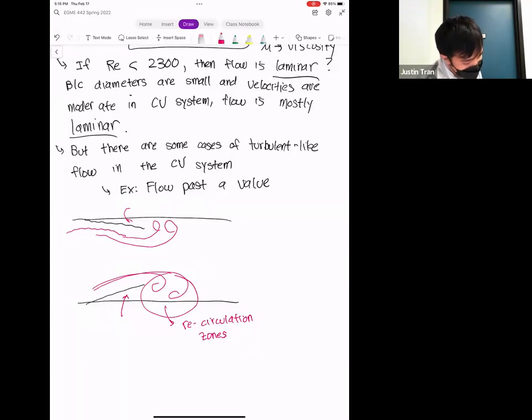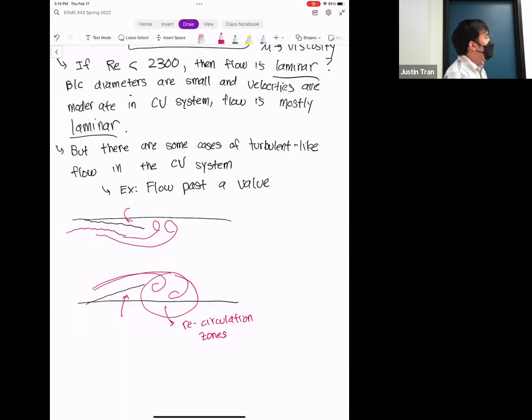And so the upshot is that most of the time blood flow is laminar, but we can have some cases where it looks turbulent, even though it's not actually turbulent. And actually, flow in an aneurysm exhibits a lot of these properties too. Even though it's technically laminar, because of the unique geometry of an aneurysm, you get some turbulent-like flow that looks similar to this as well. And we'll discuss that when we talk about diseases later on.